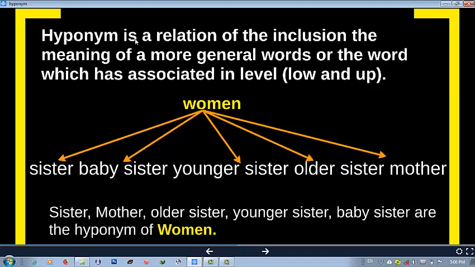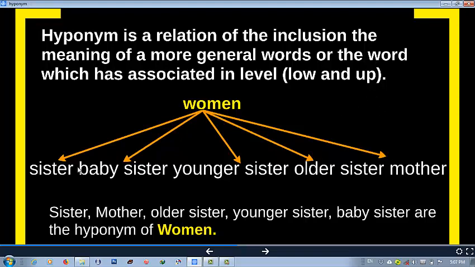Hyponym is a relation of inclusion, the meaning of the more general words, or the words which are associated in a cluster that I put in a bracket. It means the low and up words. So what are the up and low words?